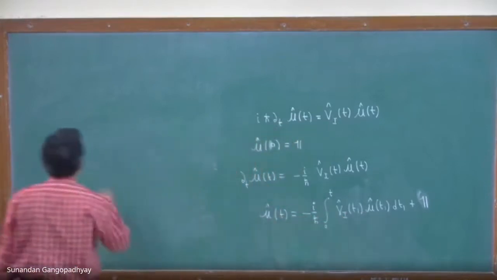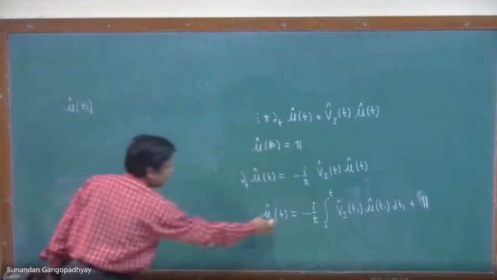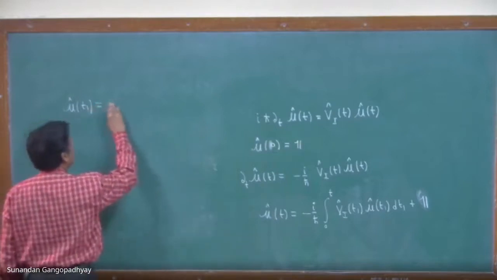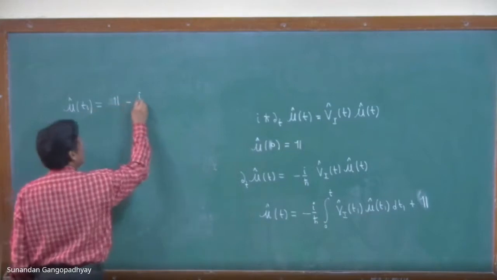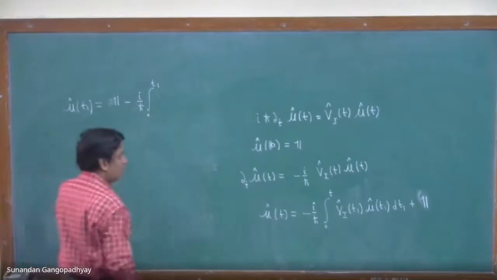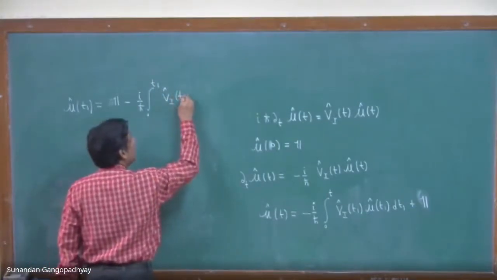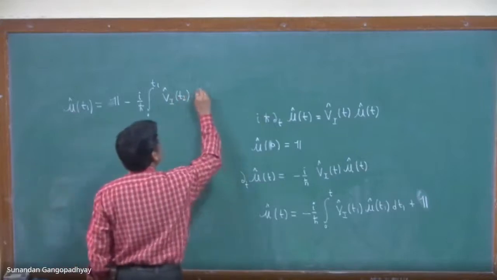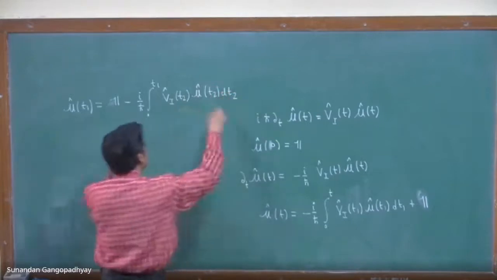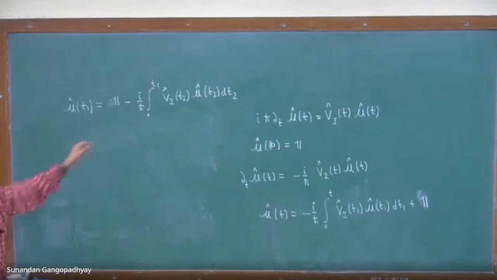So we can immediately write, by changing t to t1, u hat at t1 is the identity operator minus i by h bar integral 0 to t1 v hat I t2 u hat t2 dt2. See, this relation is also exact.